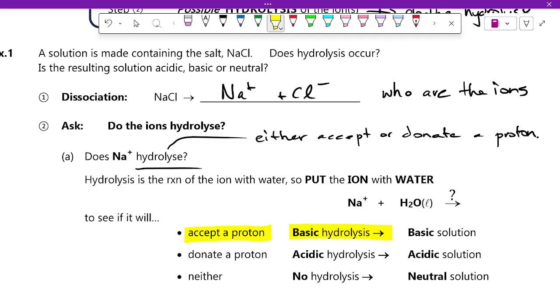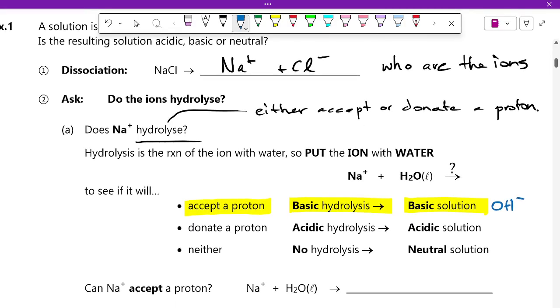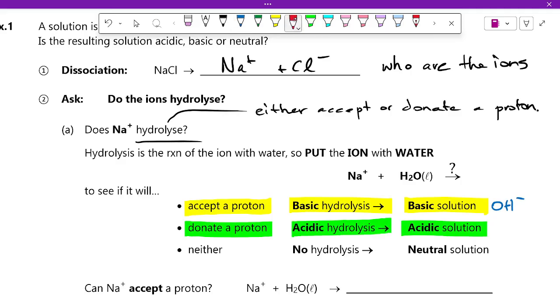That would be basic hydrolysis. You would end up with a basic solution. You would end up with OH minus. If whatever ion you have donates a proton, what did it act as? Acid. So you would have acidic hydrolysis and you would have an acidic solution because you would end up with H3O plus. And if it does neither, then there is no hydrolysis.